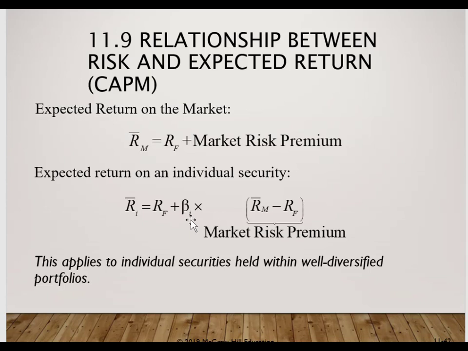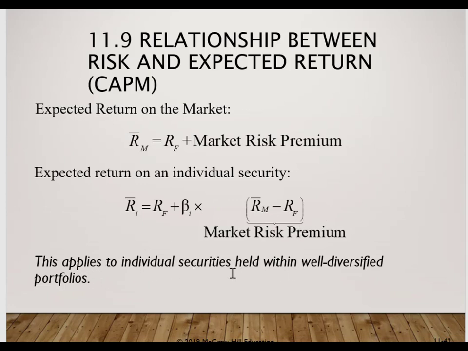So when you multiply beta for the individual asset times the market risk premium, this gives us the asset riskiness of that particular asset, right?